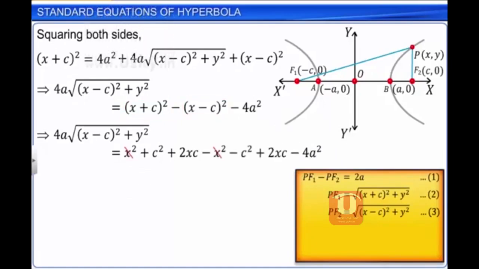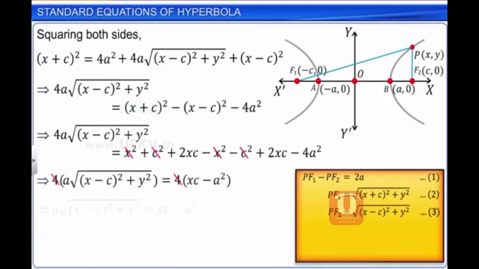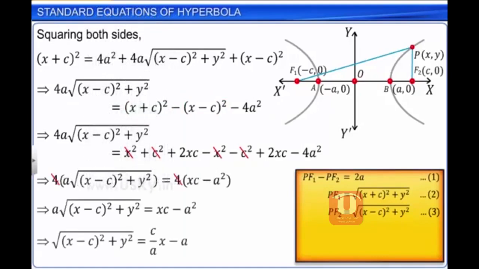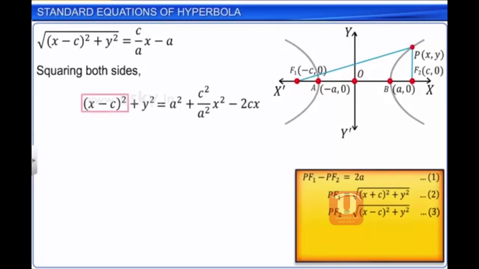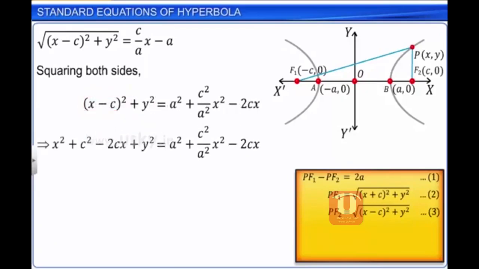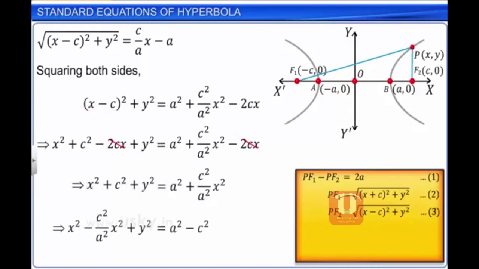On simplifying, we get under root x minus c whole square plus y square is equal to c upon a into x minus a. Squaring both sides again and simplifying further, we get equation 4.